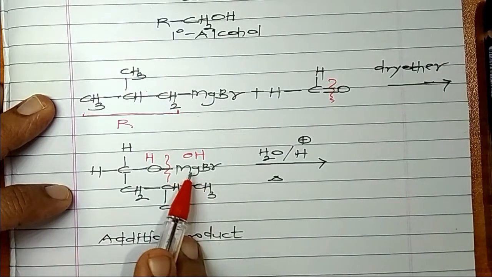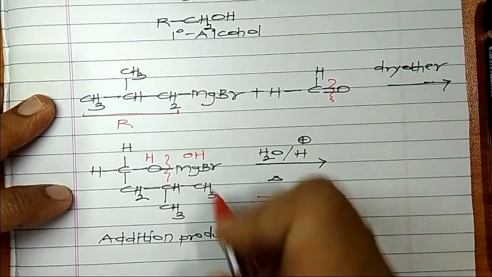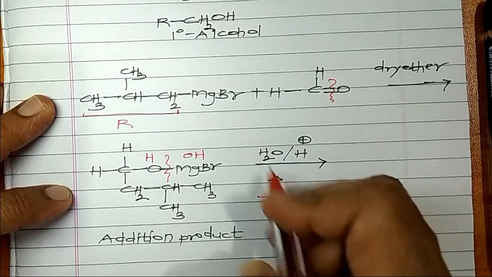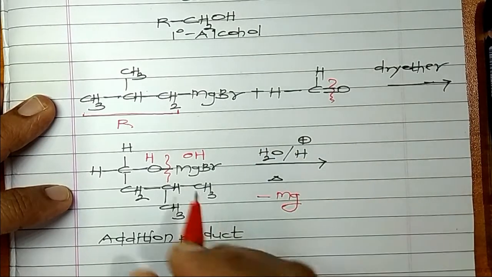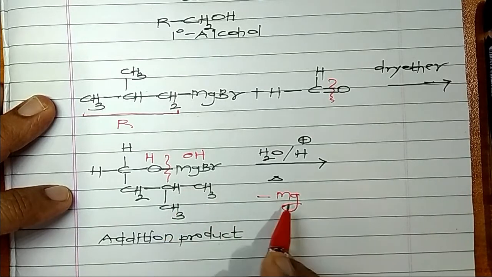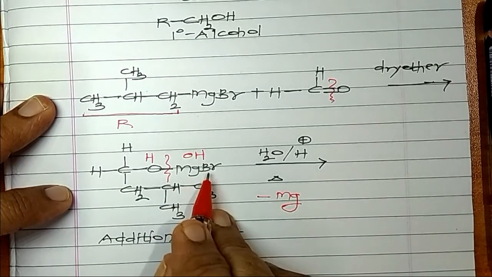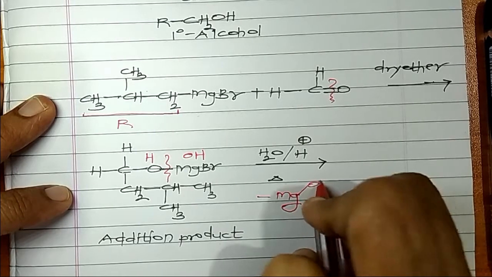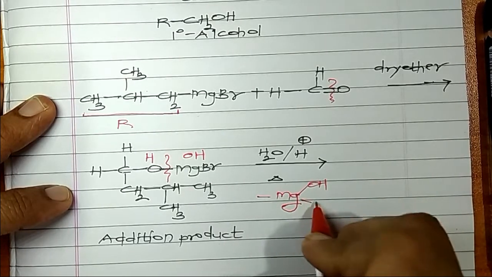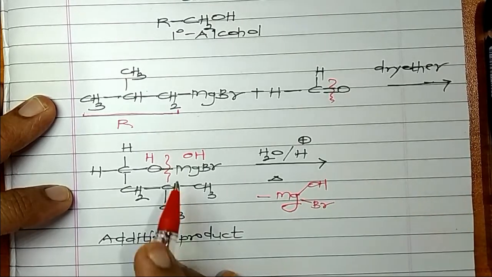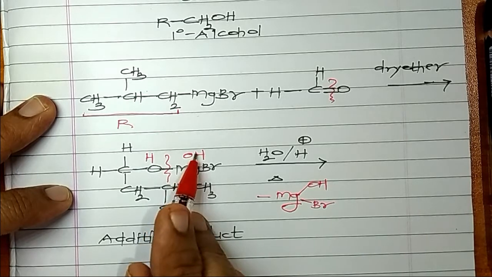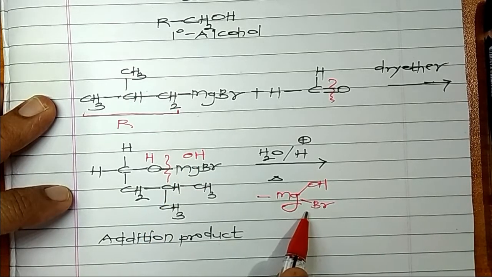So what have you removed? I have removed minus Mg, OH, Br. I am writing here on the arrow. So this is Mg, OH, Br which has been removed.